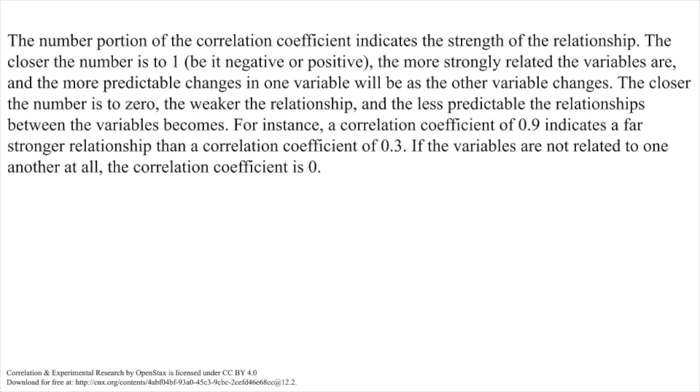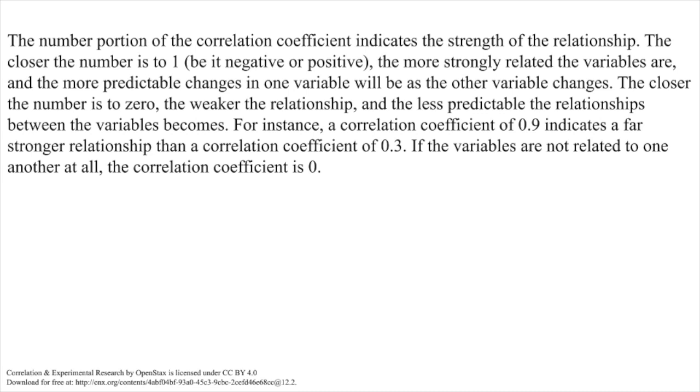The closer the number is to 0, the weaker the relationship, and the less predictable the relationships between the variables becomes. For instance, a correlation coefficient of 0.9 indicates a far stronger relationship than a correlation coefficient of 0.3. If the variables are not related to one another at all, the correlation coefficient is 0.